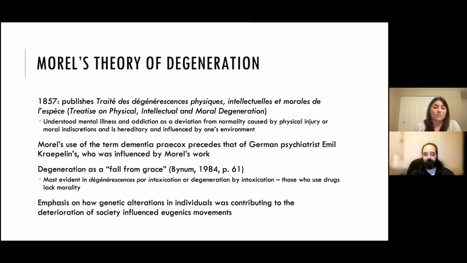We see that this end of creating a master race of human beings was sought after through a number of policies and procedures aimed at preventing people deemed unfit from reproducing, such as marriage restrictions, segregation laws, forced sterilization of people deemed unfit, like criminals or prostitutes, racial or ethnic minorities, intellectually disabled individuals, and ultimately, as we see in the case of Nazi Germany, euthanasia.